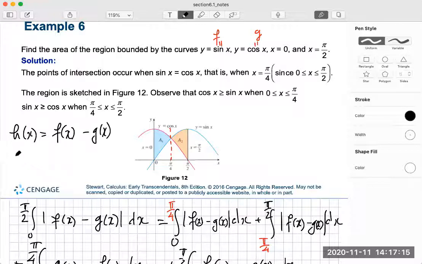You find the position where f of x is equal to g of x, or we solve the equation h of x equal to 0, or it would be sine x minus cosine x is equal to 0. Review how to solve this equation. You will find that the solution is pi over 4.